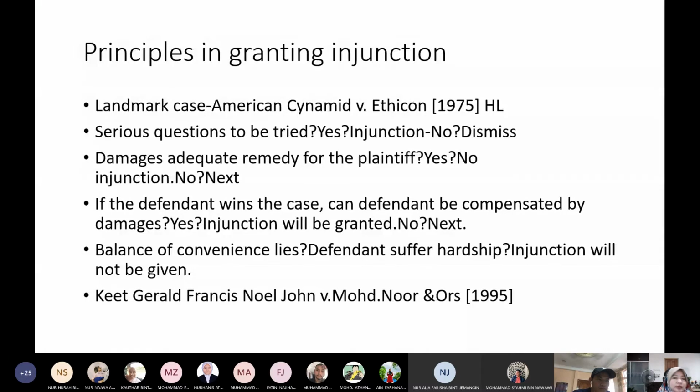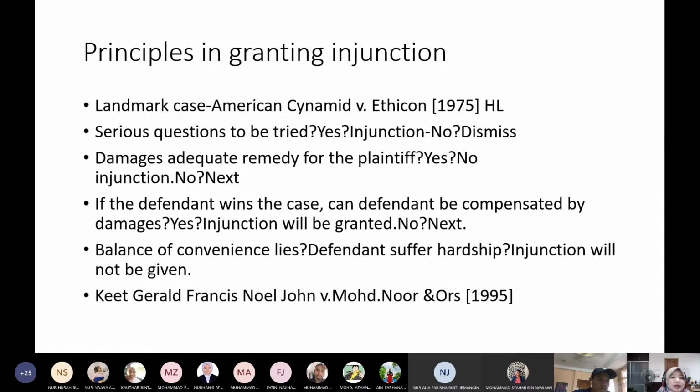So the court says, if you compensate the plaintiff with money, will damages be good enough for her, apart from her children? I don't think so. So in this case, it is likely that the injunction will be granted by the court.